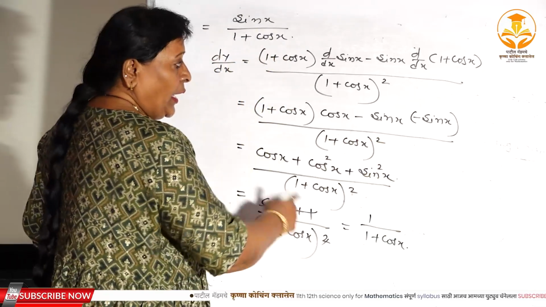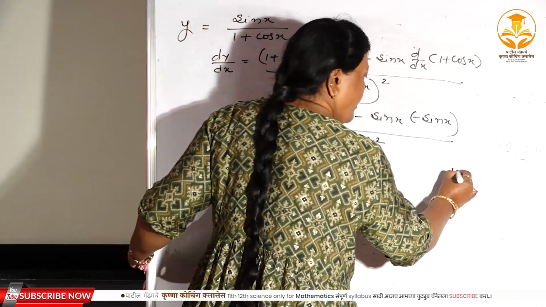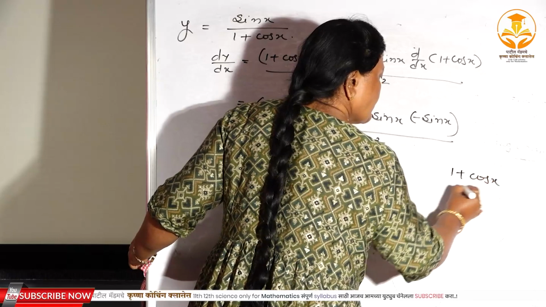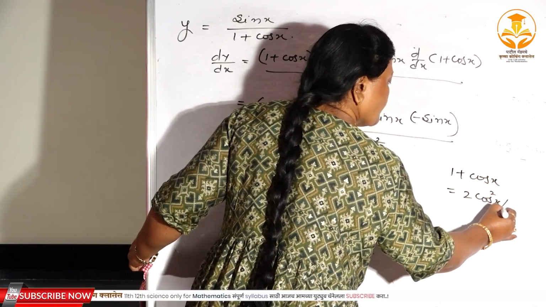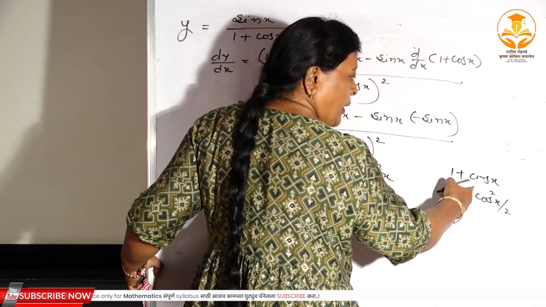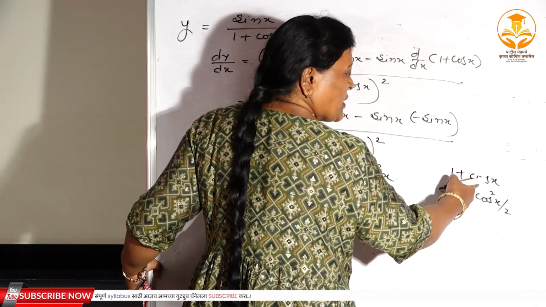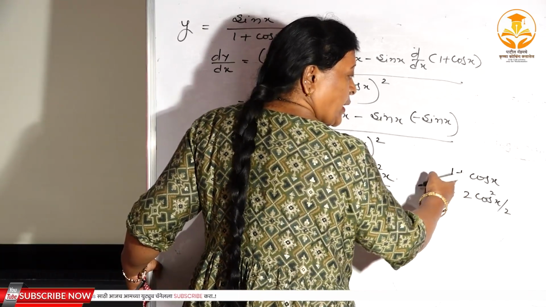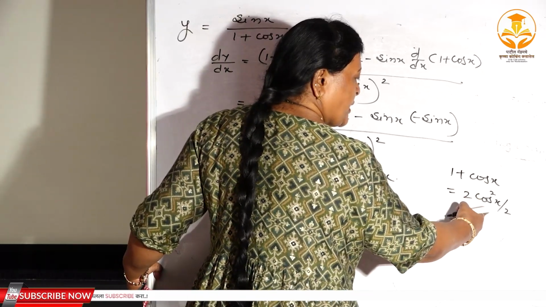So if you know the formula, this is the evergreen formula, 1 plus cos x. It is nothing but 2 cos square x by 2. Isn't it? Here I have given the name, the evergreen formula: 1 plus cos x, 1 plus cos 2x, 1 plus cos 3x, 1 plus cos 4x. You should know that 1 plus cos x is equal to 2 cos square x by 2.